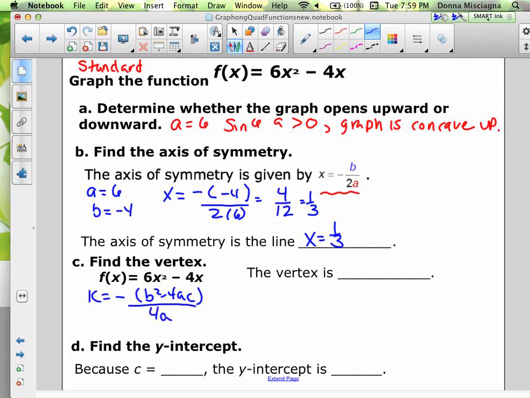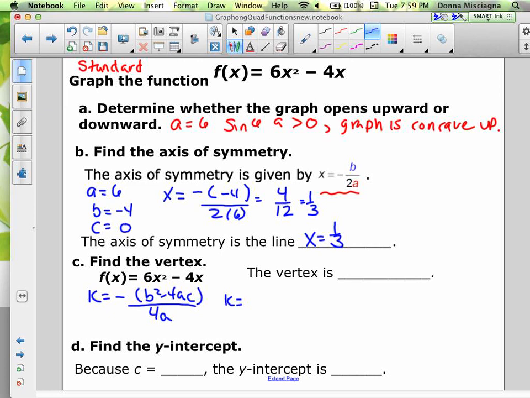So it looks a lot like quadratic formula, but no square root, nothing added in, just a negative, right? And it's 4a, because our vertex is going to be halfway between our x-intercepts. All right, so now we're just going to plug in the a and the b, and our c is 0. So if there's no constant, it's 0.